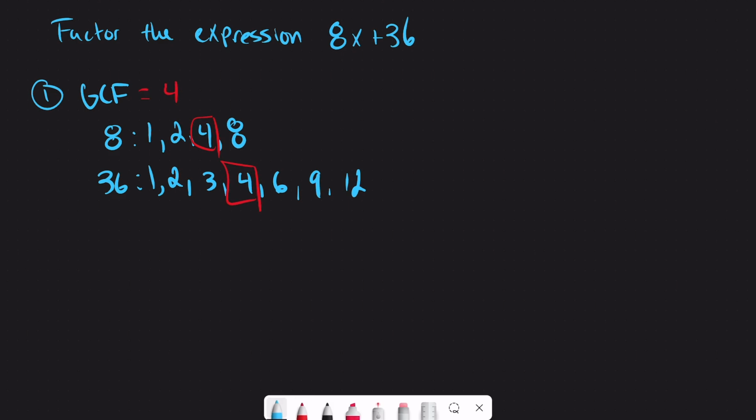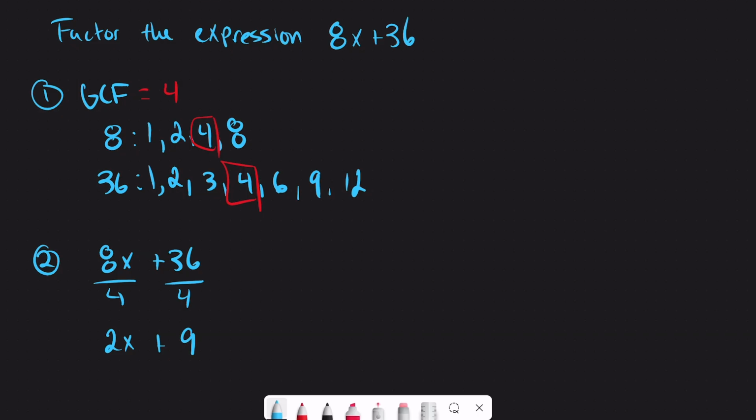So now all we have to do for step 2 is to divide the original expression by 4, the greatest common factor. And we'll get a new one. So 8x divided by 4 is 2x, plus 36 divided by 4, which is 9.